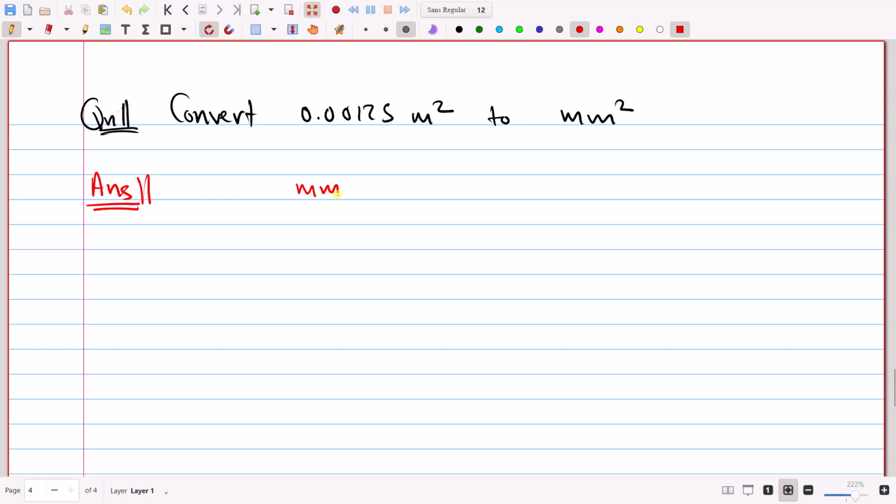According to the hierarchy, first we have the millimeter, then the centimeter, and then the meter. I'm concerned with the millimeter and the meter. There is no direct relationship between them, so I have to convert from meter to centimeter, and then from centimeter to millimeter. So I have to know the relationships that exist between these two square units.